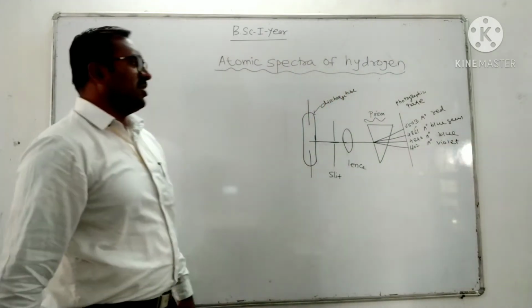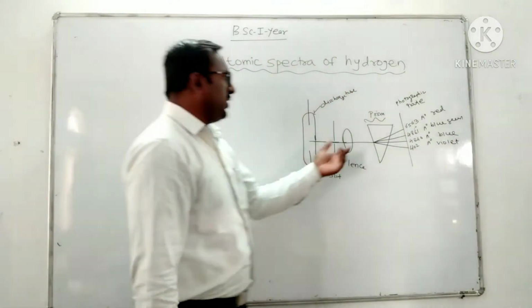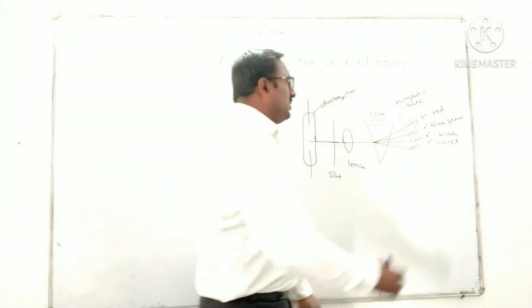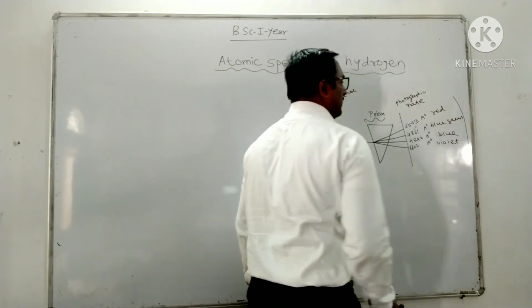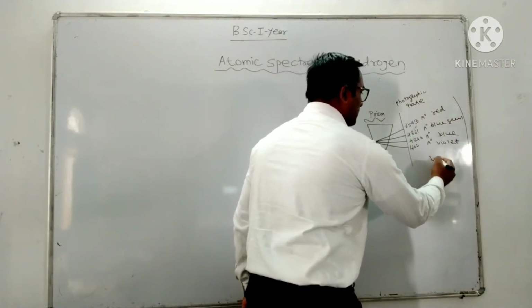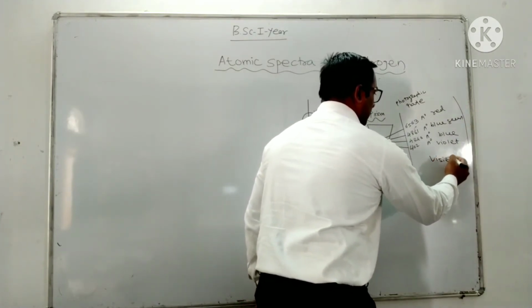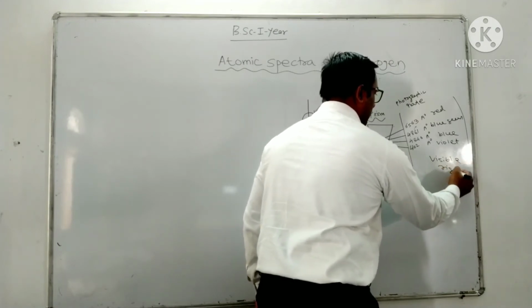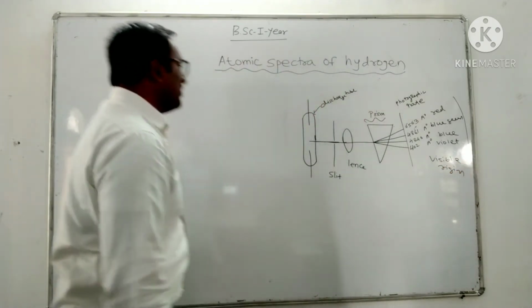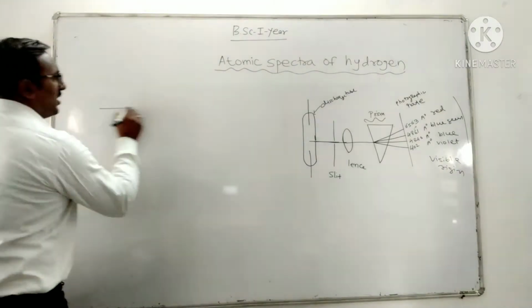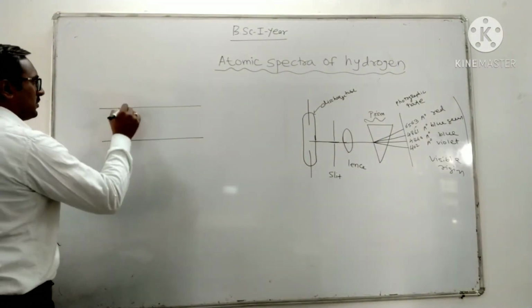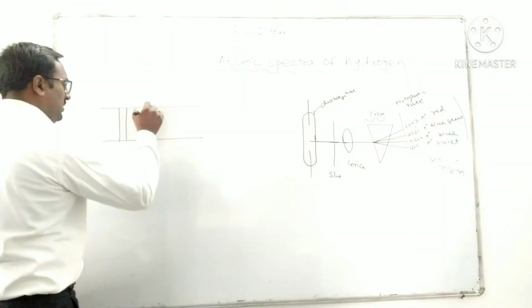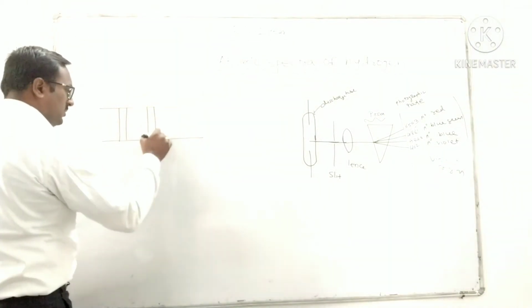So the radiation obtained when passing through the prism ranges over red light, blue light, green, then violet light. It is in the visible region. And a line spectrum is obtained like this. Such types of bands are observed.